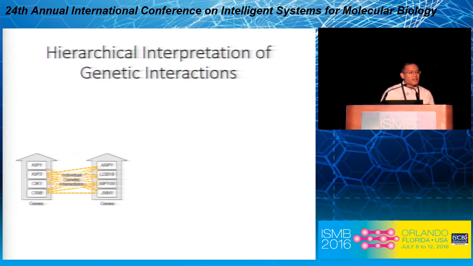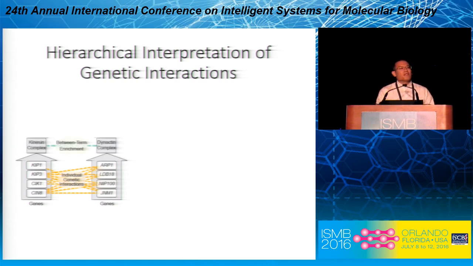To understand these genetic interactions using a hierarchy, I'll start with some intuition. Suppose we look at the interactions; we might notice that they tend to concentrate or bundle among some genes. In this example, there are many interactions crossing between the left group of genes and the right group of genes. From a gene-centric point of view, these are just a bunch of interactions across genes.